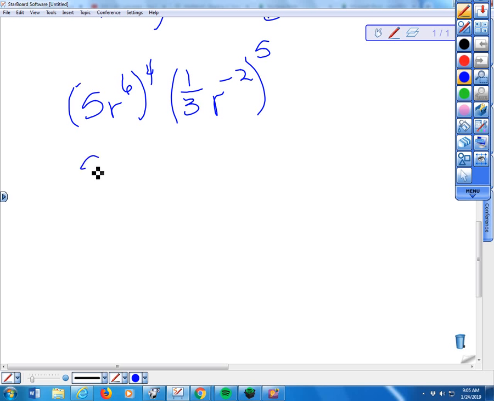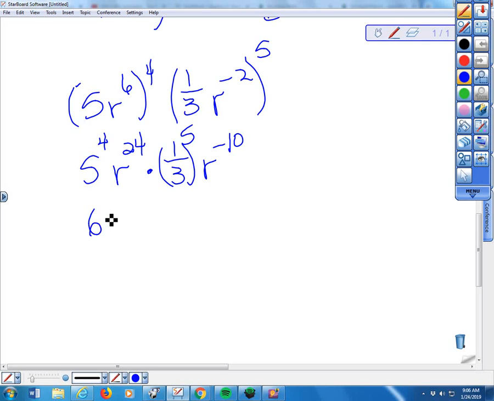So it's 5 to the 4th, r to the what power? And multiplying this times 1/3 to the 5th, r to the what power? Negative 10. Okay, so what's 5 to the 4th? 625. Okay, so this is 625 r to the 24th.